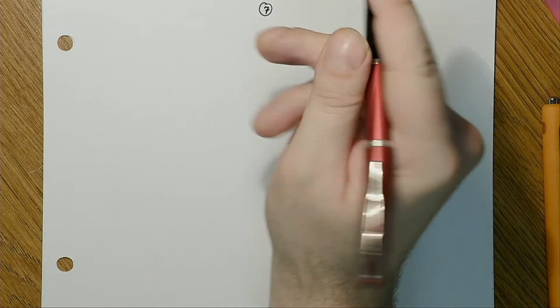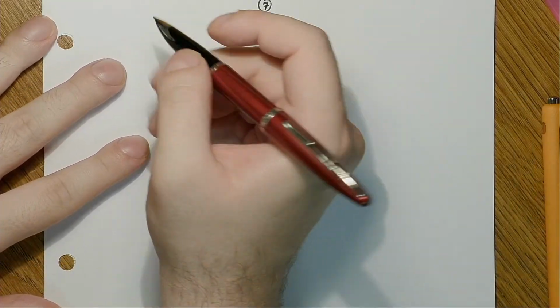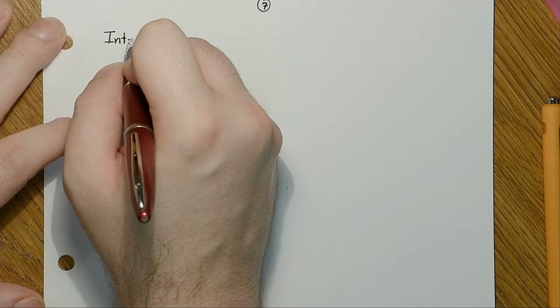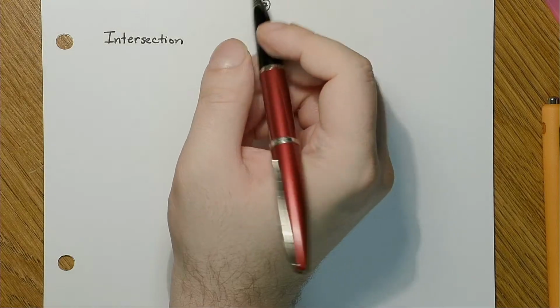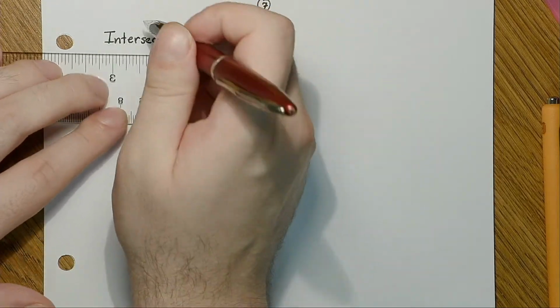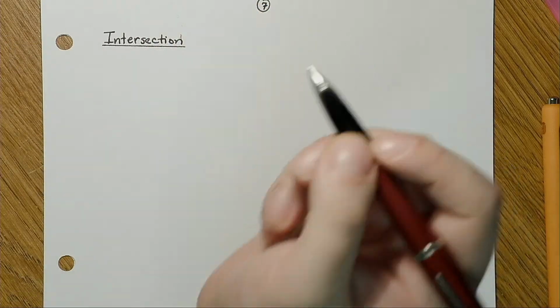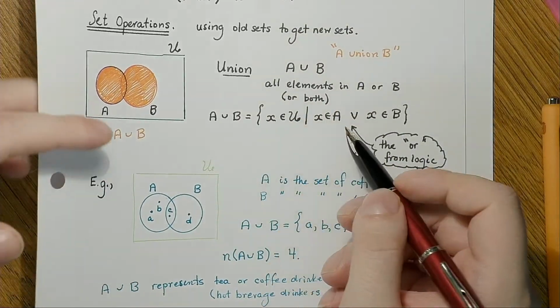Let's do the intersection next. You can guess what we're going to do: we used the logical OR previously with the union, and now we'll switch.